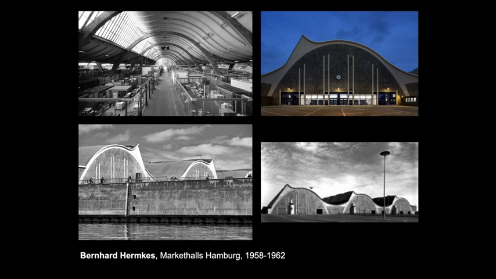If you remember the market halls in Paris I showed you in the lecture on steel, iron, steel and networks, then you can see that these market halls are very important for everyday life, and it has a very special atmosphere.